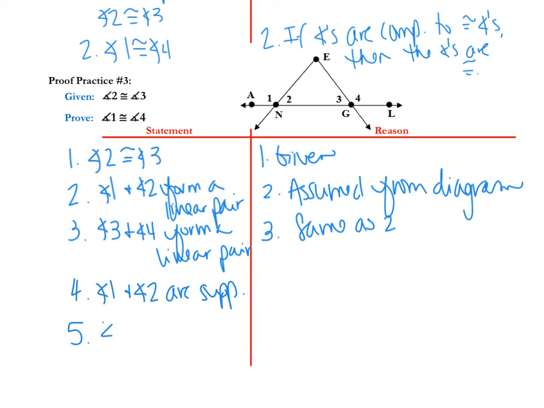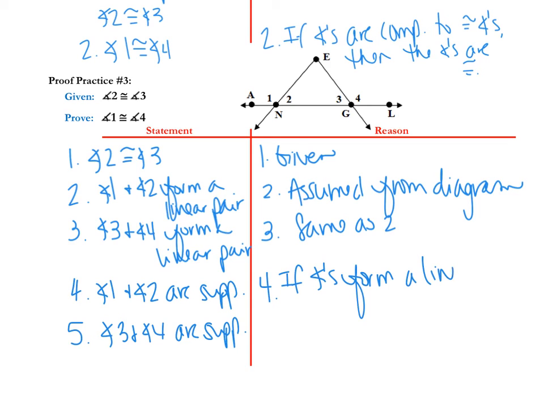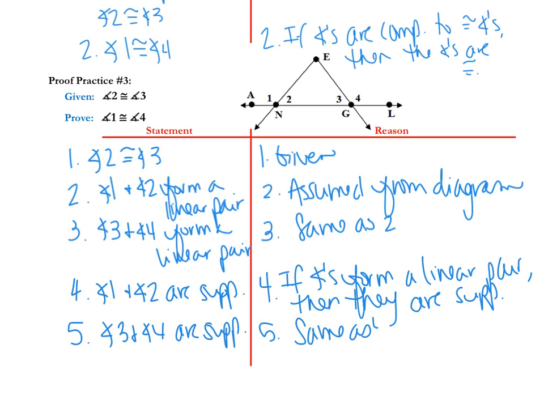And then we would say that for 5, angle 3 and angle 4 are supplementary. And the reason being is if angles form a linear pair, then they are supplementary. And we would say same as 4 for the next one.